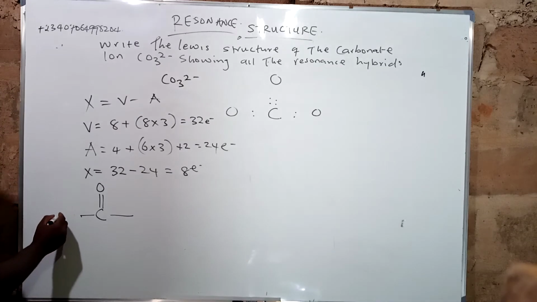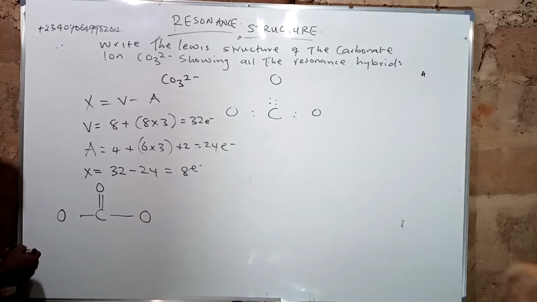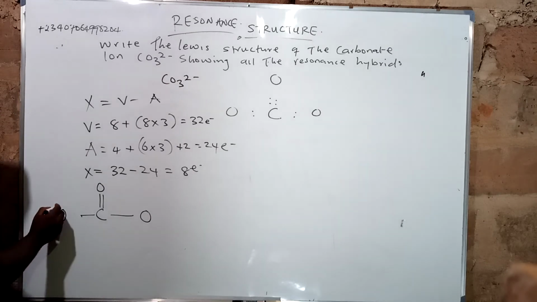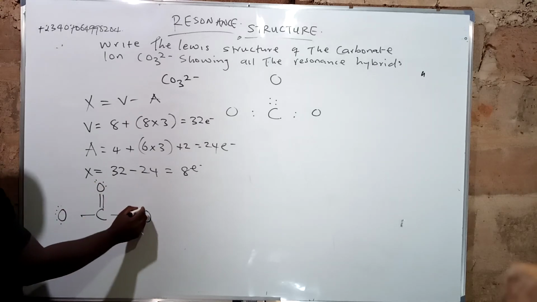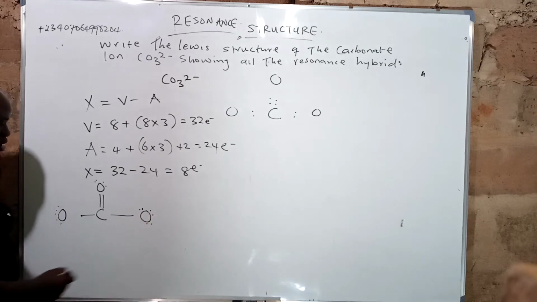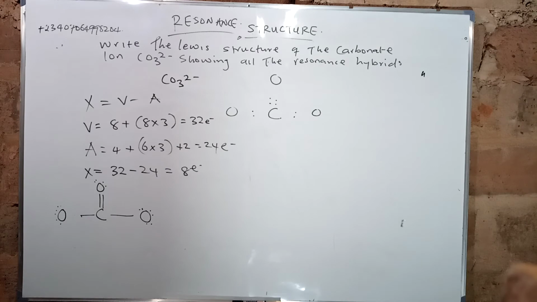So we have a bond here. We have a bond here, right? Now, I don't want to start doing dot, dot, dot. But of course, you know that we have 3 dots here. Here we have. Now, you can see I just decided to place this right here.